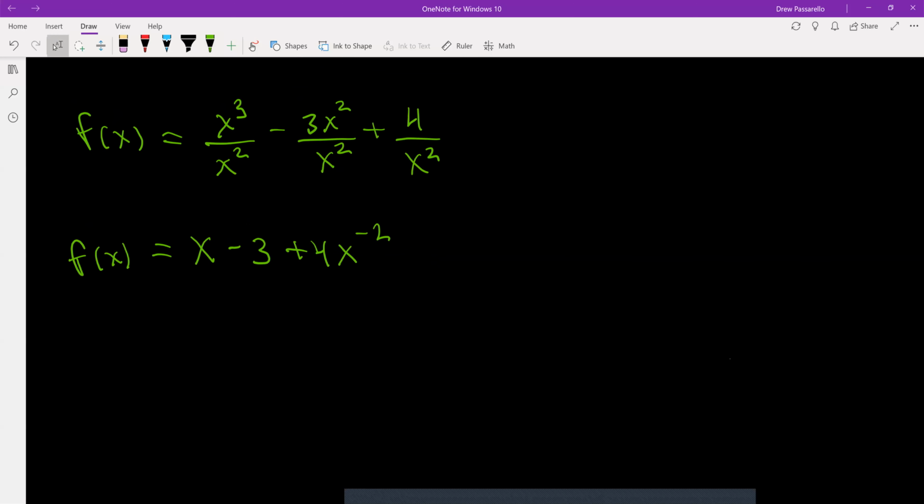All right, so the derivative of x is 1, right? That's the special case of the power rule. And the derivative of the constant 3, that's 0. So that's the constant rule. This is f prime of x equal to 1.